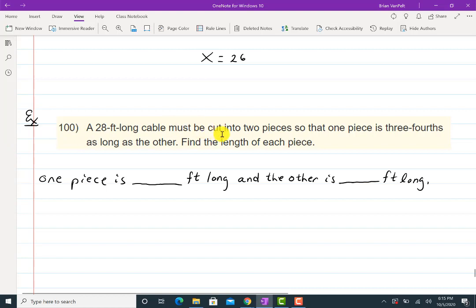Let's see here. It says one piece is 3/4 as long as the other. So if one piece is x, then the other is 3/4 x. That way one piece is 3/4 as long as the other. I'm told that if you add them up, they add up to 28 feet. So I get x plus 3/4 x equals 28.